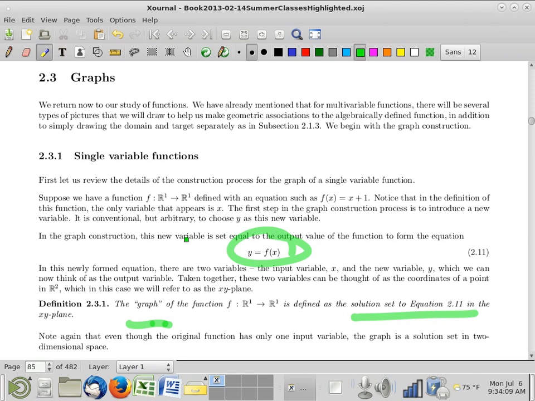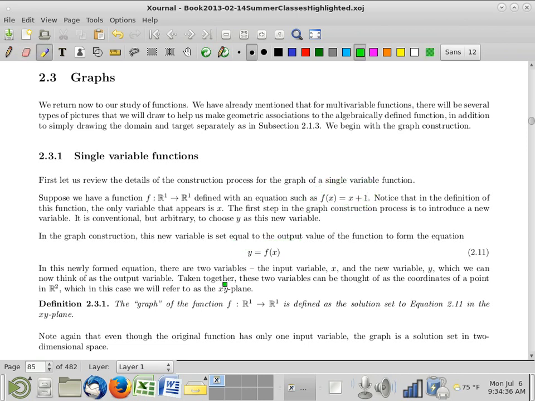Note that an equation is one of the tools, one of the stepping stones in this process of generating this graph construction. Make sure to understand the difference between the function, this single variable thing involving only x's, and this equation that we use as part of the graph construction. They're not the same thing.